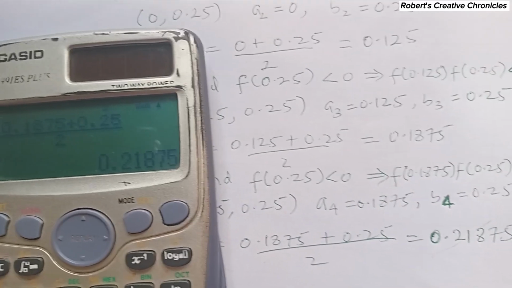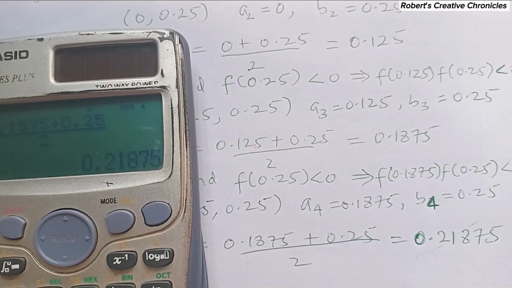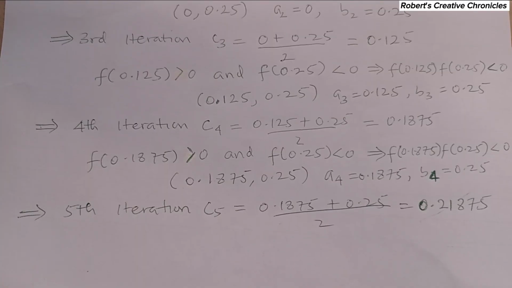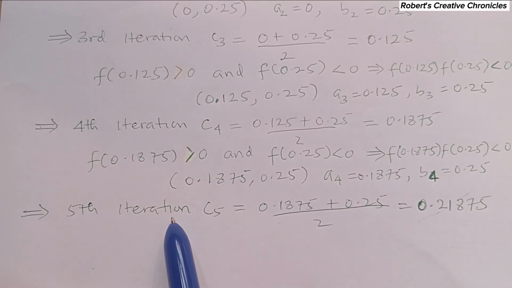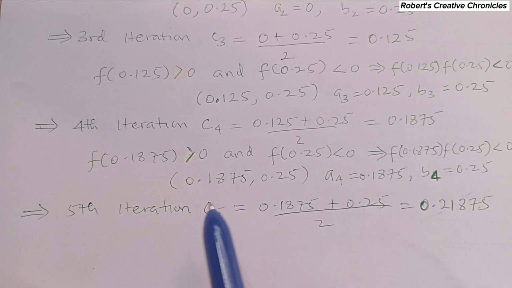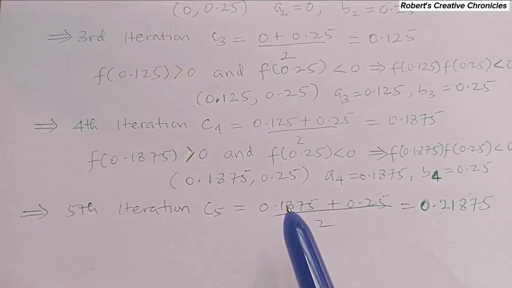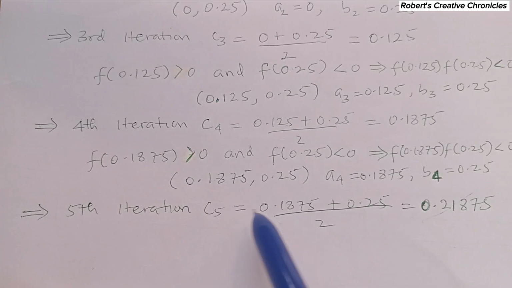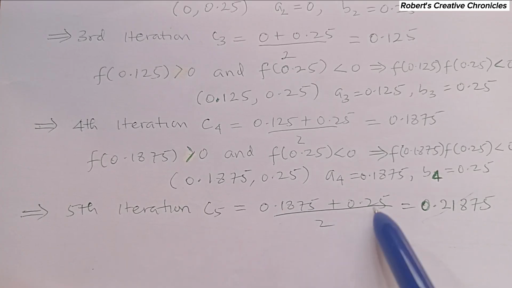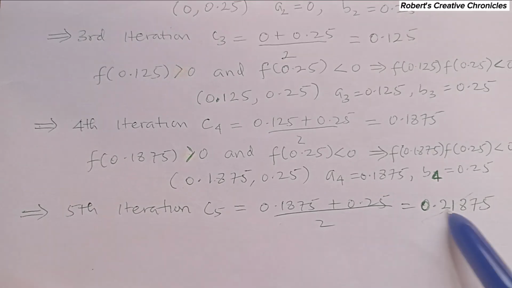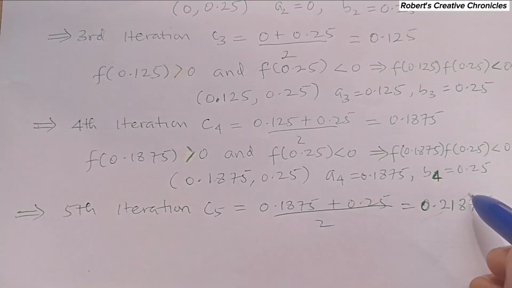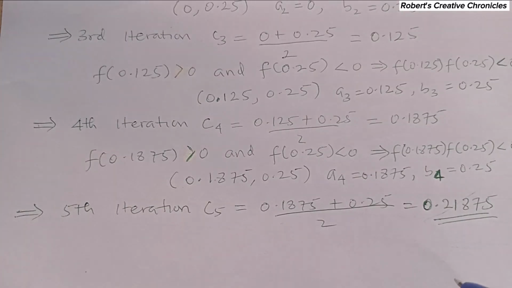So this is 0.21875. Now we have done the 5 iterations specified by the question, and the smallest positive root is given by the midpoint of this interval, which is 0.21875. So this is the final answer.